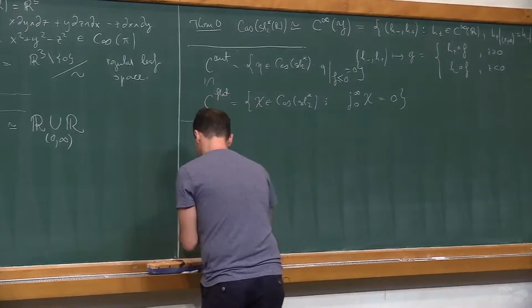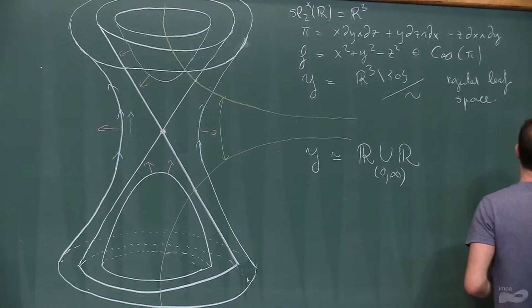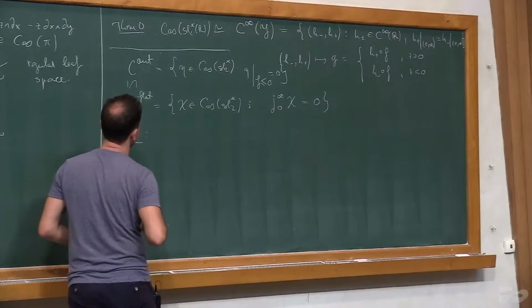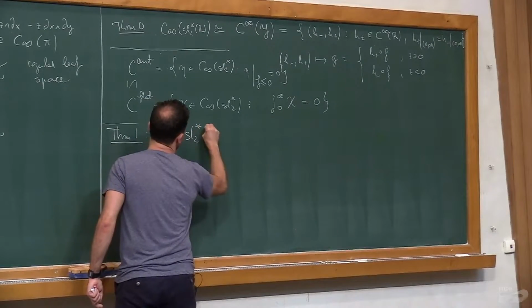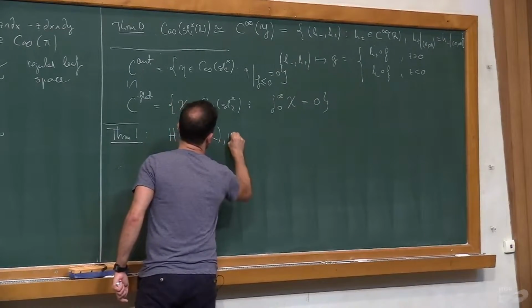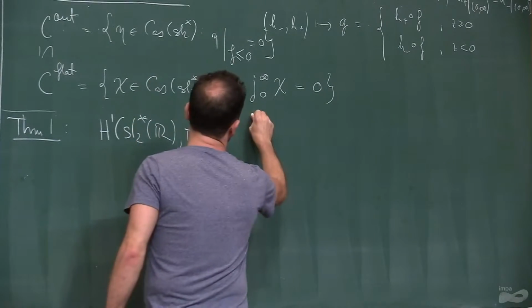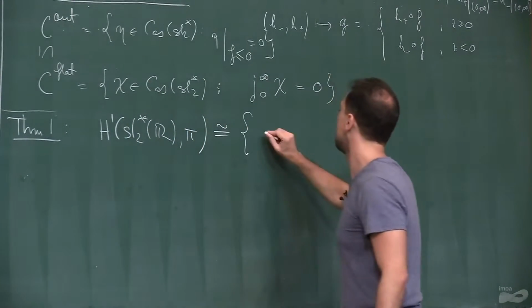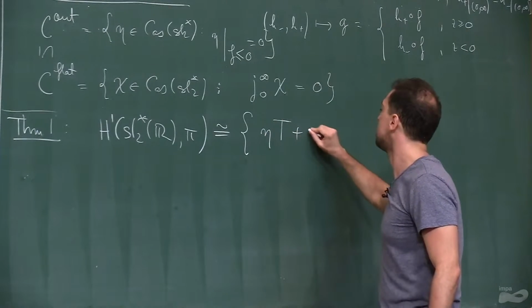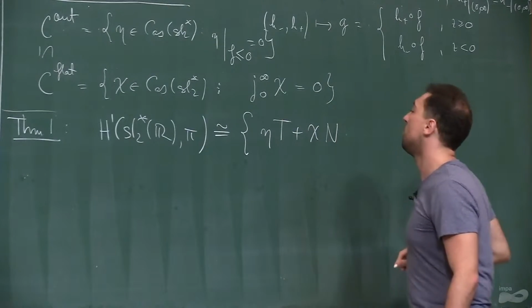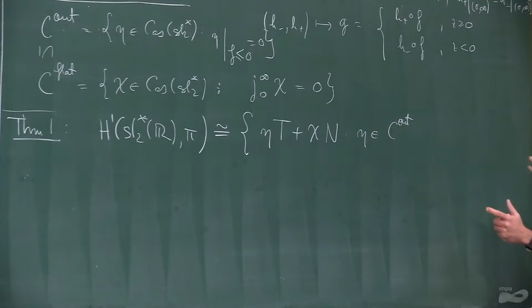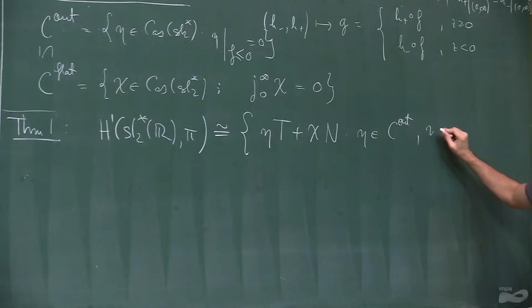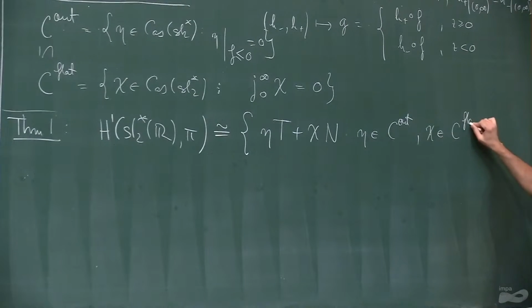Okay, maybe I shouldn't erase this right now. So theorem 1 will be that this H1 Poisson of SL2* R, π, is isomorphic to ηT + χN, where η is one of these Casimirs which is supported on the outside, and χ is a flat Casimir.